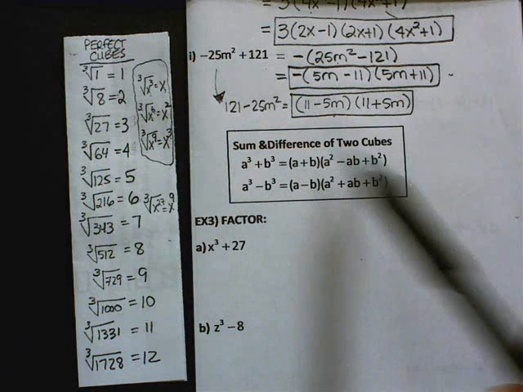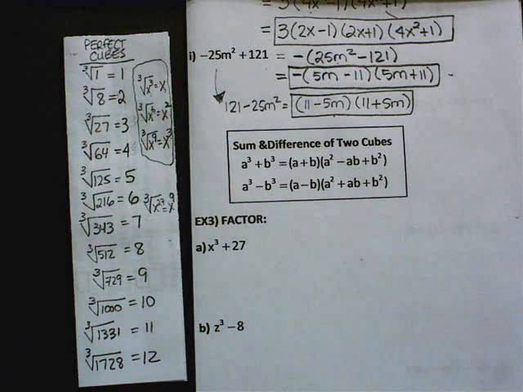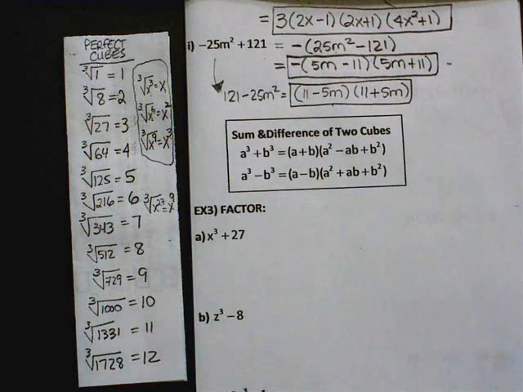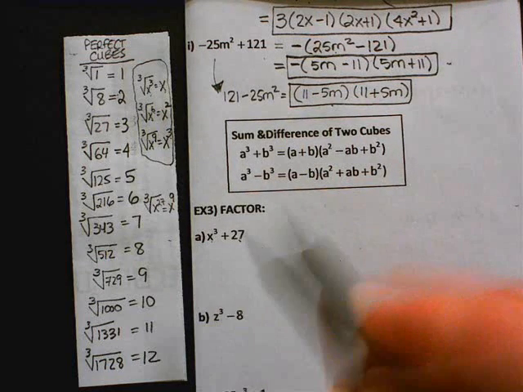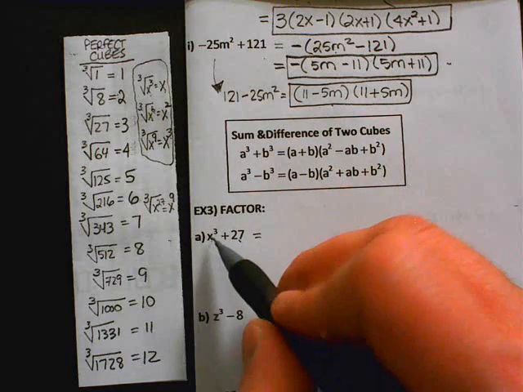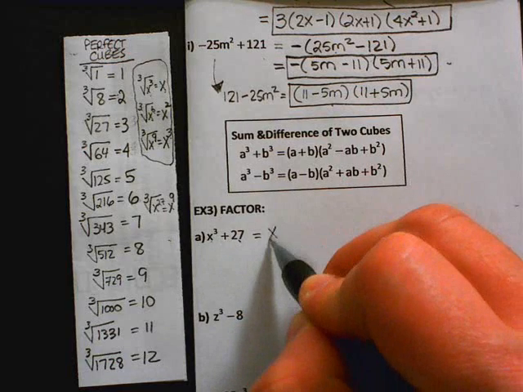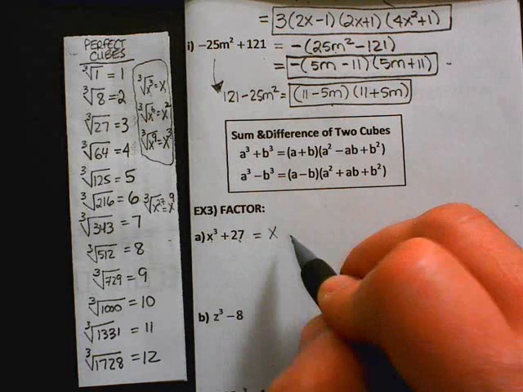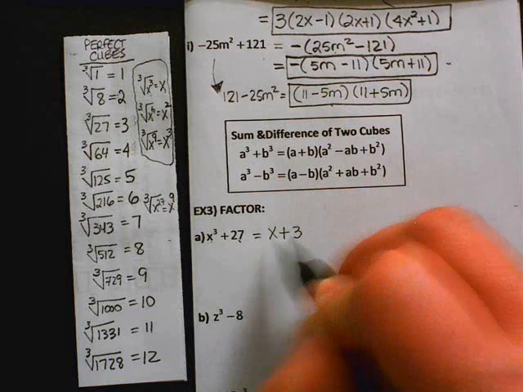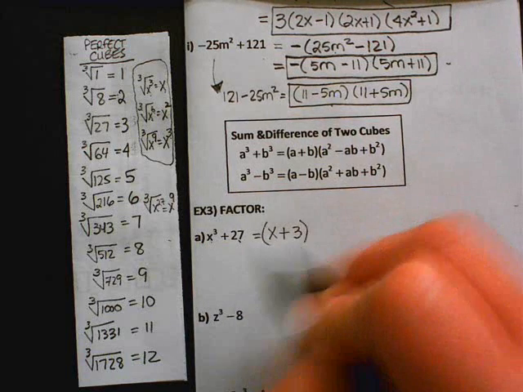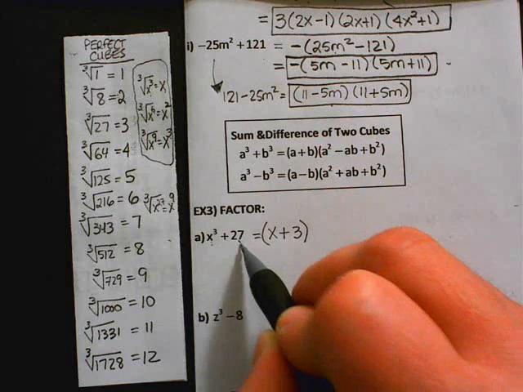So let's look at example number 3. Here I have a perfect cube and a perfect cube. I take the cube root of x cubed, which is x, and the cube root of 27, which is 3. Now I apply the second part of the rule.